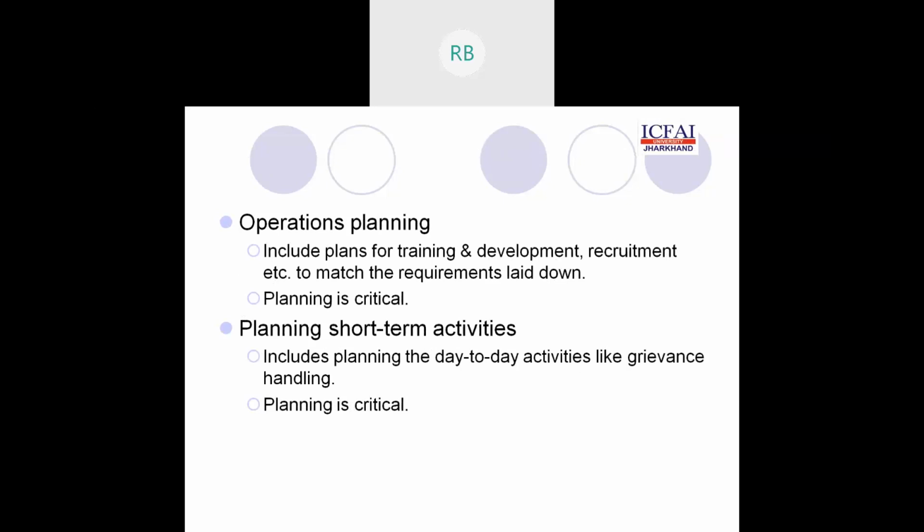Planning at this level and the operation level are very critical because these plans practically ensure the success or failure of the corporate plan. And if these plans fail, the corporate plan will also likely fail.